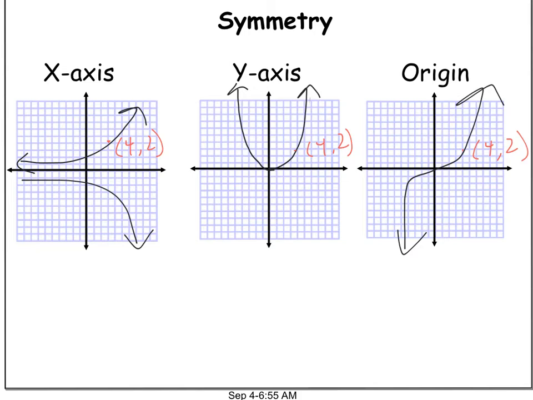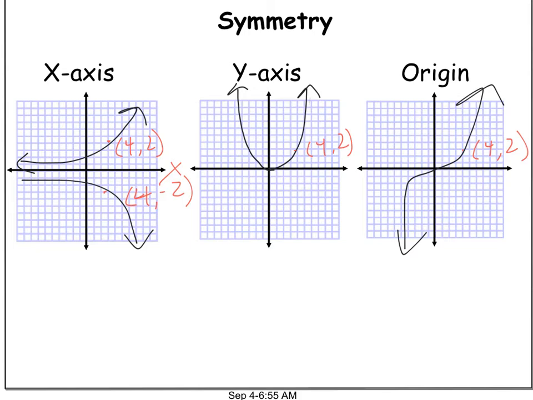And don't think from this that every function always goes through the point 4,2. I mean, go back to our very first example when we check solution points. Some graphs do go through the point 4,2, some don't. I just want to use the same point. There's a pattern to symmetry over the x-axis, which down here, what you would see happen is we still are at the point 4, but now I have to go down, and I would also go through the point 4,-2.